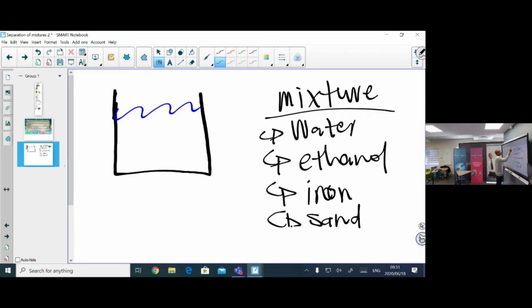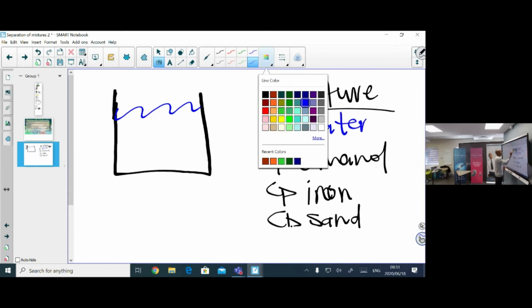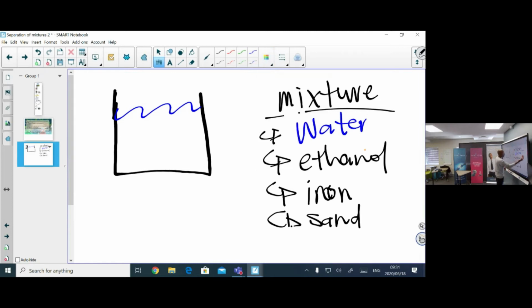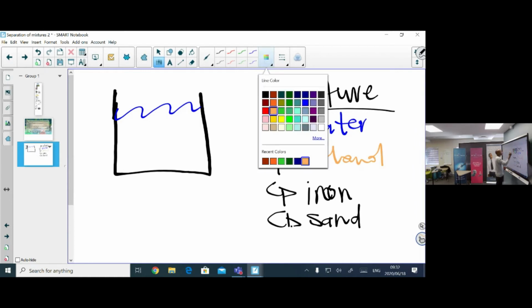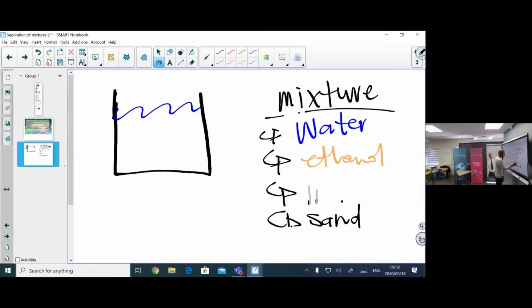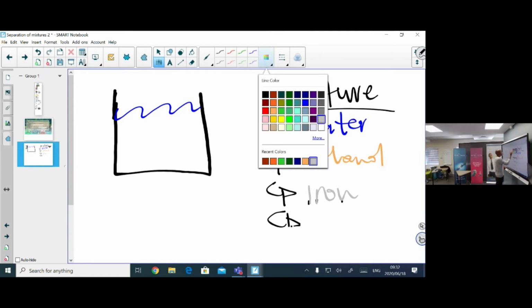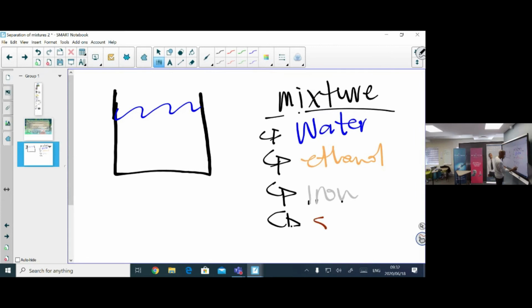It's water. It's ethanol. We have iron. And we have sand. Right? So we have these four in our mixture. They are all here.